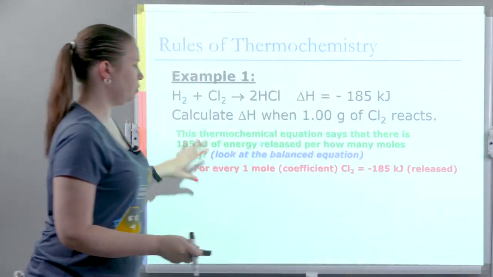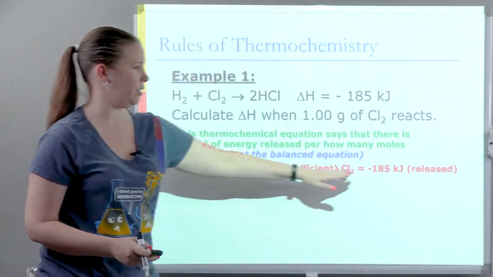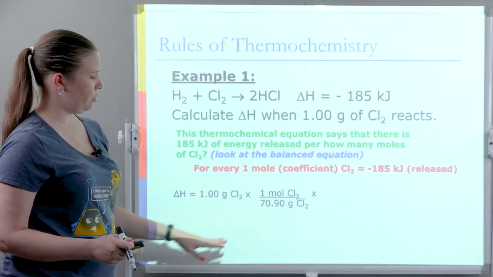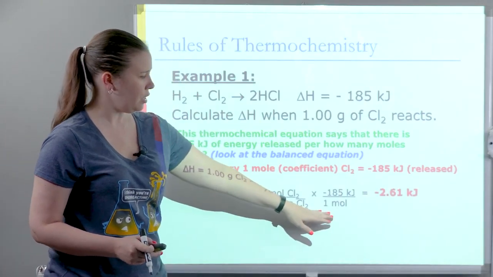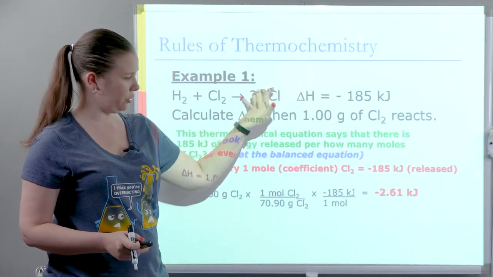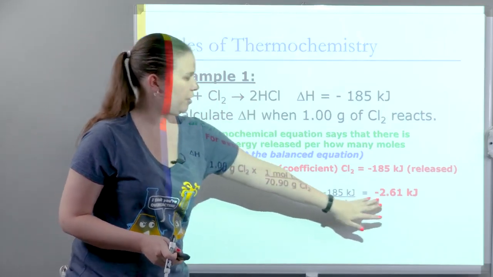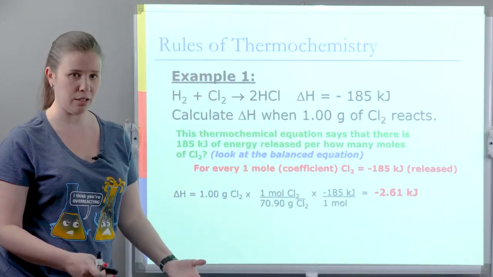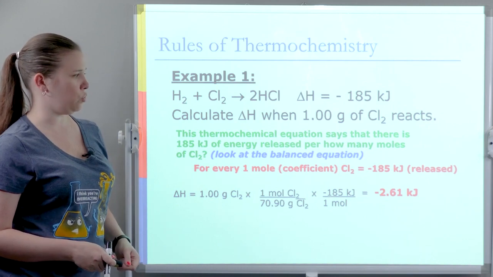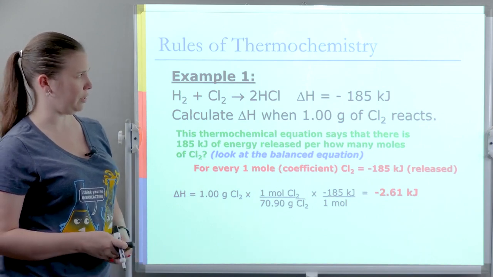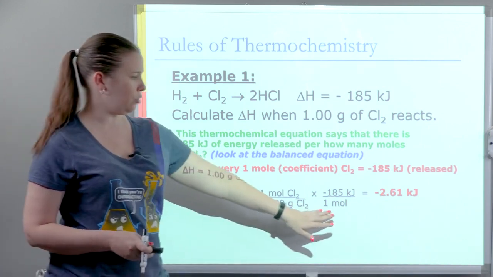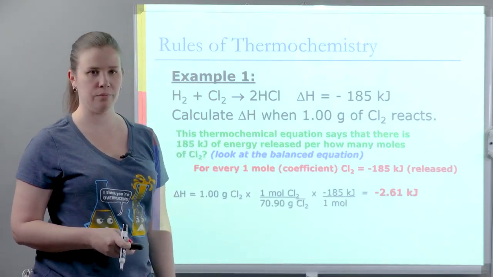We've got our moles related to the amount of energy, and we've used the molar mass to get into moles, and then my new mole to energy ratio here, and my final answer would then be also negative, a 2.61 kilojoules. Final answer. So this is our new mole to energy ratio.